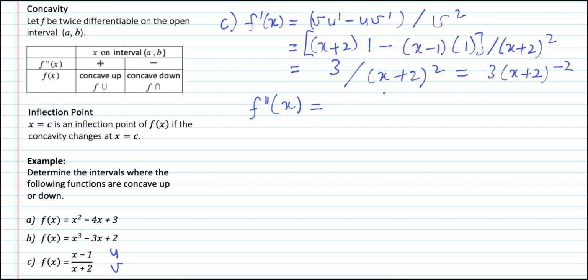So we will get minus 2 times 3, we have minus 6, (x plus 2) to the power minus 2 minus 1 is minus 3, and then we differentiate the inner function. Differentiate x, we get 1, differentiate 2, we get 0. So this is equal to 1. So the second derivative is equal to minus 6 over (x plus 2) cubed.